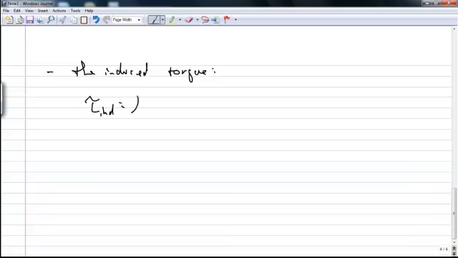And the induced torque will be equal to K, some constant, times the cross product of B sub R and B sub S. And in our example here, it would be in the counterclockwise direction.